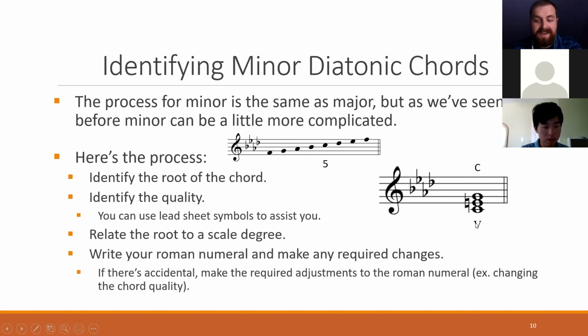Therefore, this is a capital 5. So because we have an accidental, we have to change the quality from its defaulted lowercase 5 to a capital 5. If you're typing, it just looks like a bigger 5. If you're actually writing this out, you can do a V with 2 horizontal slashes over it to distinguish from a lowercase v.